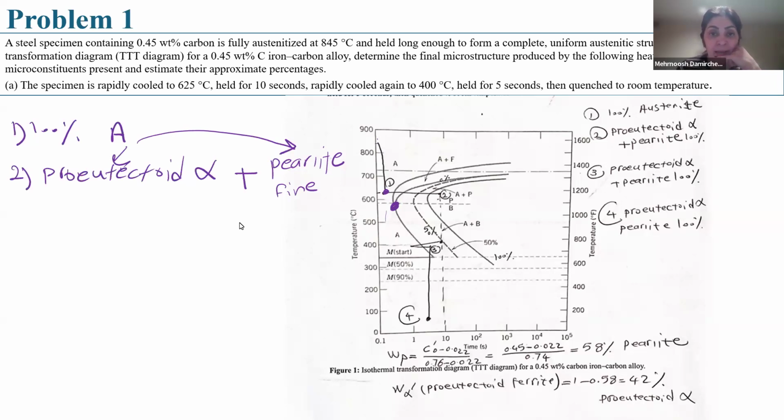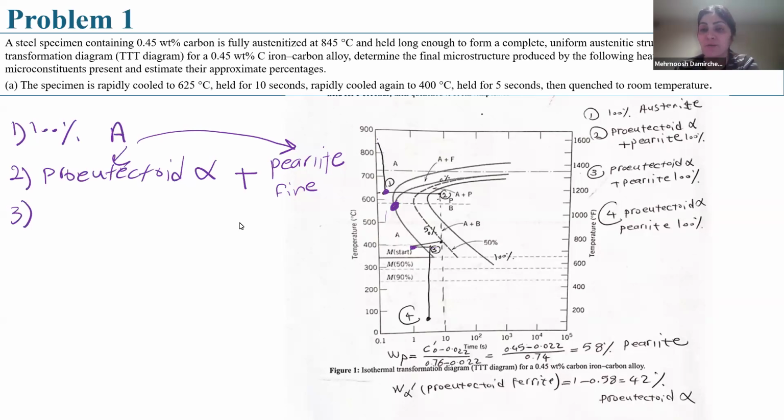Then again cool to 400. Why do you see this ramped line? Because we want to reset the time and reach time zero and start the isothermal transformation again, up to 3.